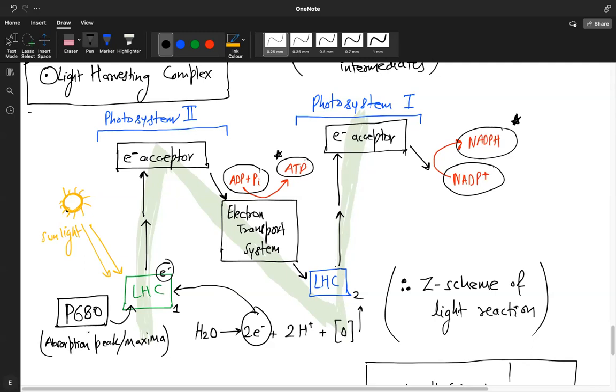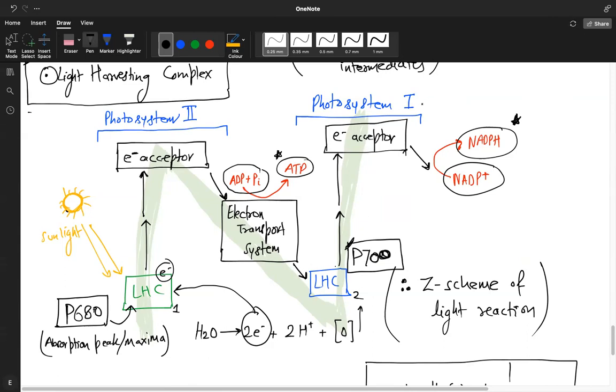More than 680 or less than 680? More than 680. Perfect. So it gets excited at P700. This is the peak of light harvesting 2 complex. So the 20 nanometer difference comes because that amount of energy has been given for this process.